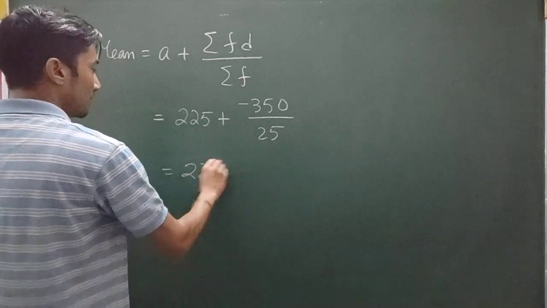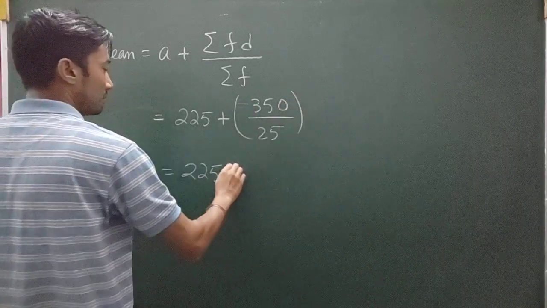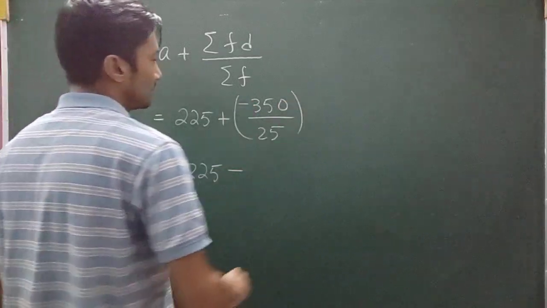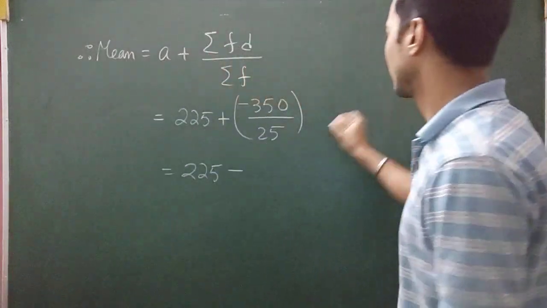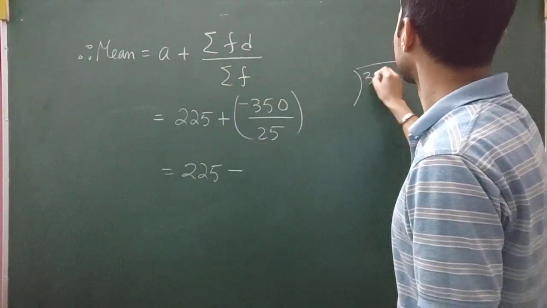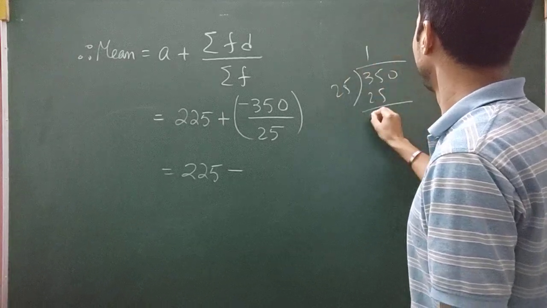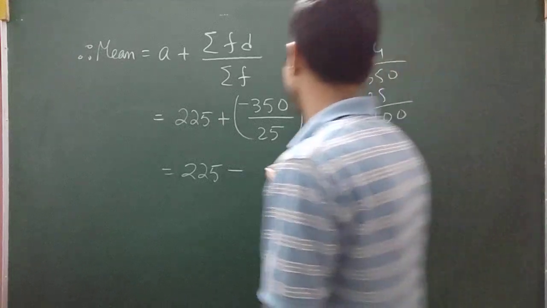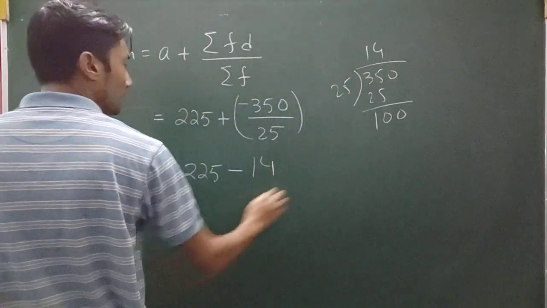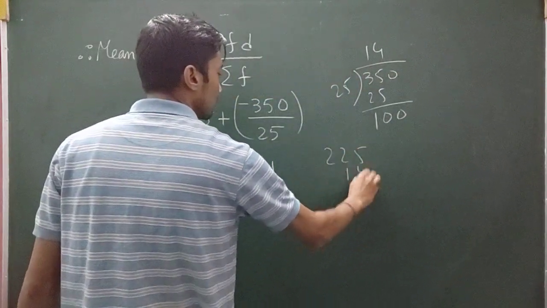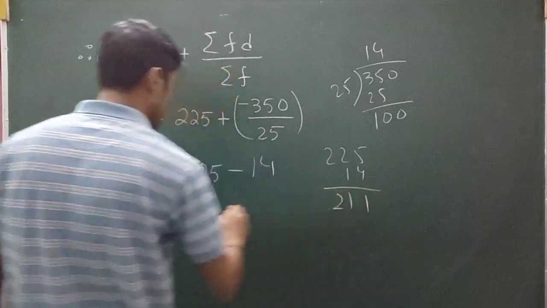So 225 plus into minus, that's minus. Now 350 divided by 25 is 14. So 225 minus 14.